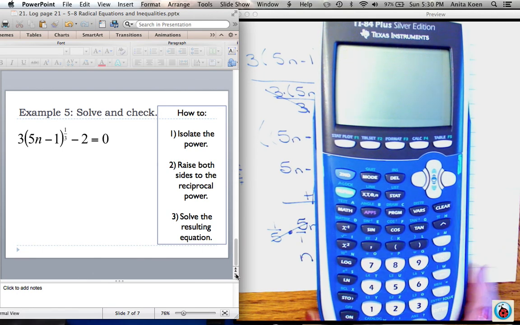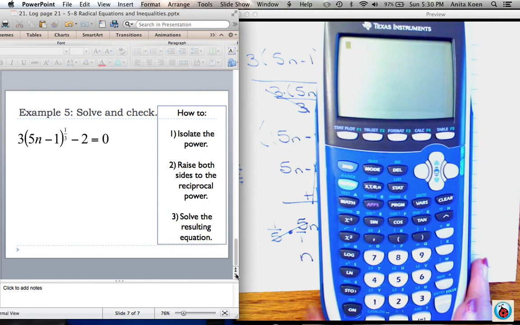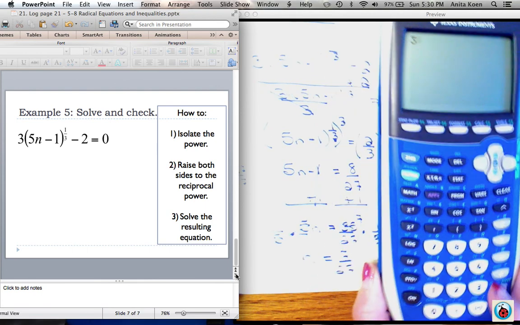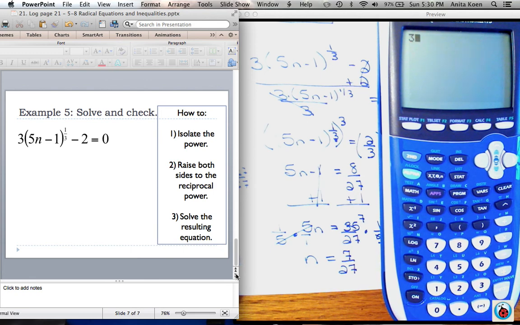Let me clear that. So what I'm going to do is type in the original equation, which is, let me see if I can move this so you can see it a little better. There, that's better. 3 times 5, and my n is 7/27. 5 times 7/27 minus 1, close my parentheses, raised to the 1/3 power.